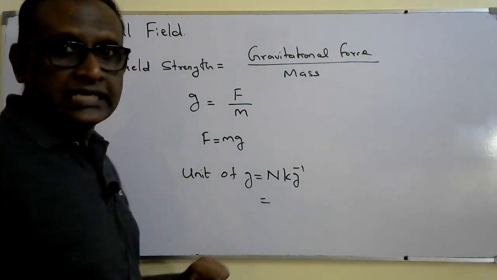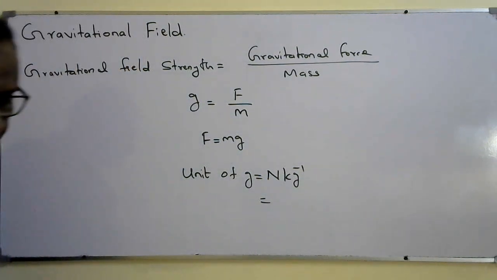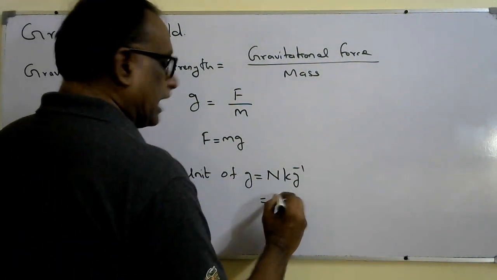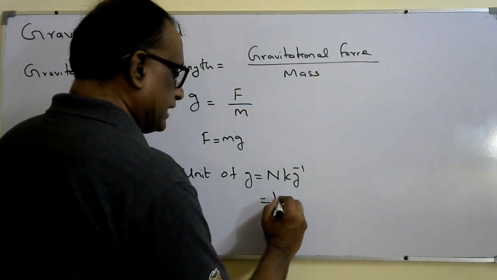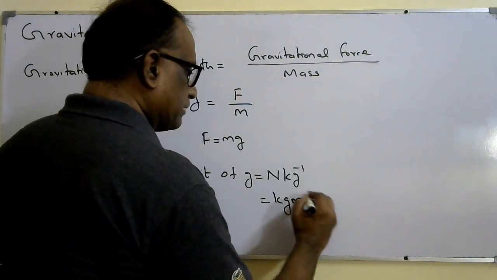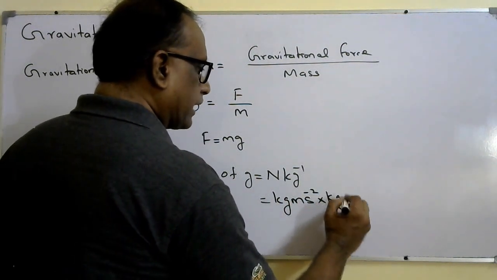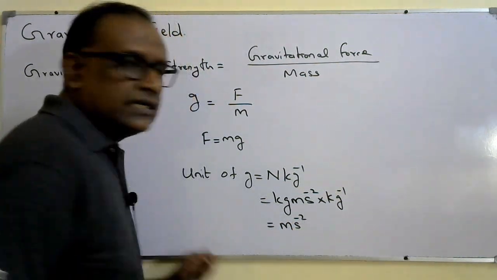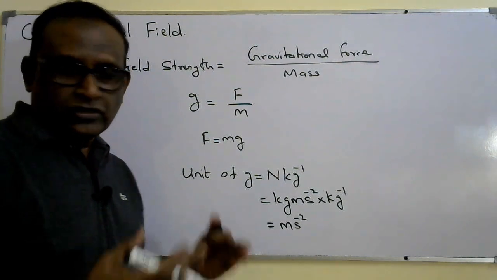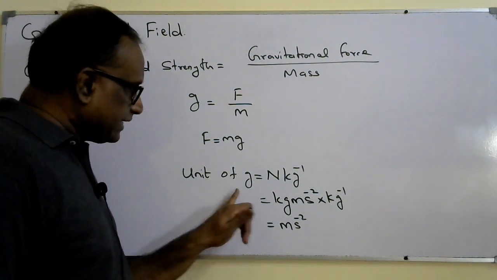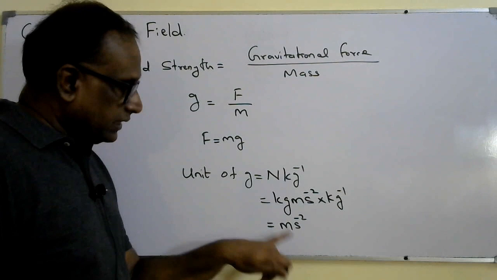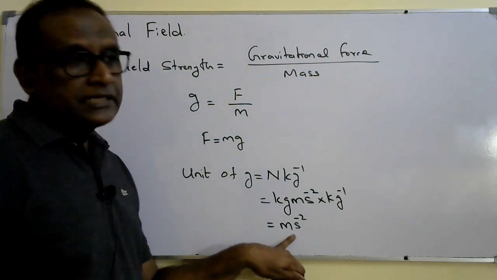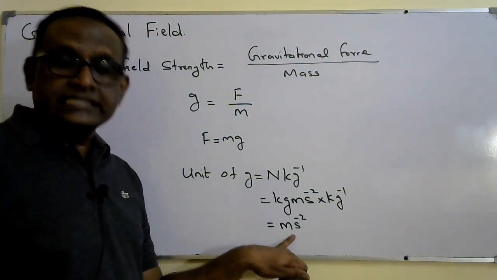Newton means, recall Newton's second law, F equals ma, so newton means kilogram meter second minus 2, per kilogram. You will get meter per second squared. Okay, this gives an important conclusion, or a new idea. That means the unit of gravitational field strength is the same as meter per second squared, which is the unit of acceleration.